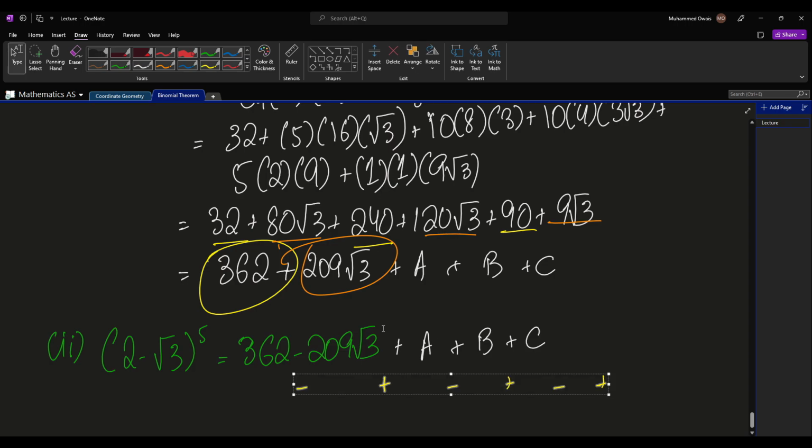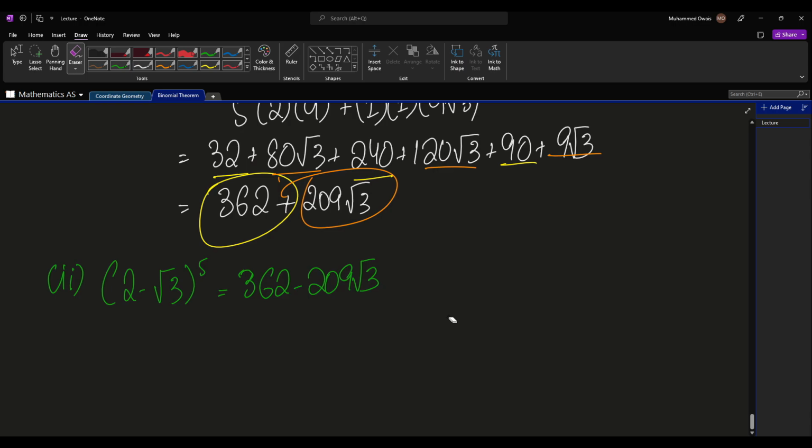So all you would have had to do was replace this with negative and that, and these two with negative, because of the negative, positive way of the series. All right, but this time we only had one, so we do not need to worry about A, B, and C. This was just an example for the future if you ever encounter any question like that.